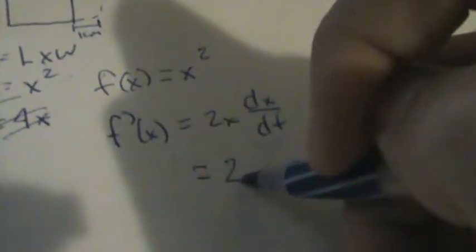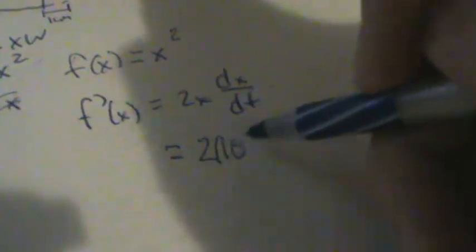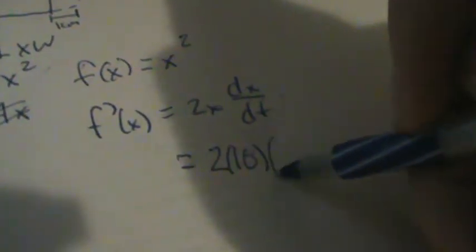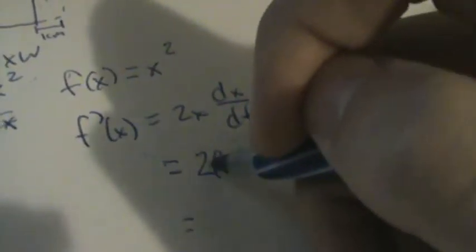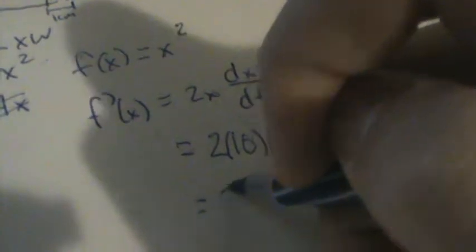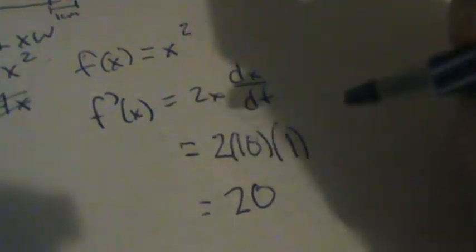So we can say 2 times x, which is 10, and then we have dx/dt, which is 1, which is equal to 2 times 10 times 1, 20. So f prime of x, or dx over dt, that's a really crooked t, is equal to 20.